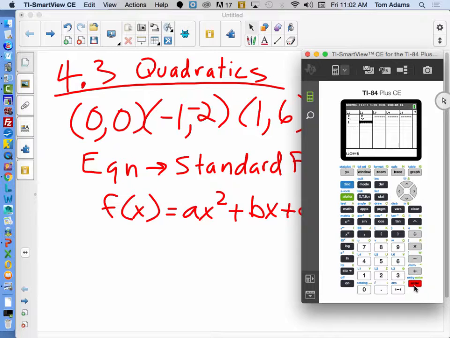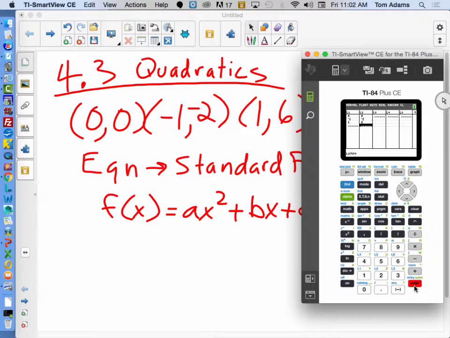L1 are all the x values, and L2 are all the y values. So you're going to graph them just like the coordinate points. Does that make sense to you guys? Yep.